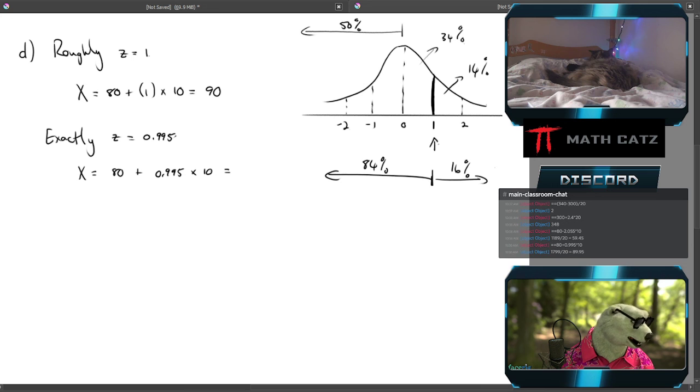So yes, it's exact to 2 decimal places, I guess. Not perfect at all, but because our table is still a little limited, we see we were very close with our rough approximation.